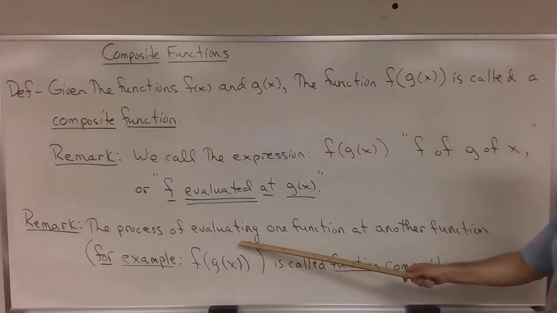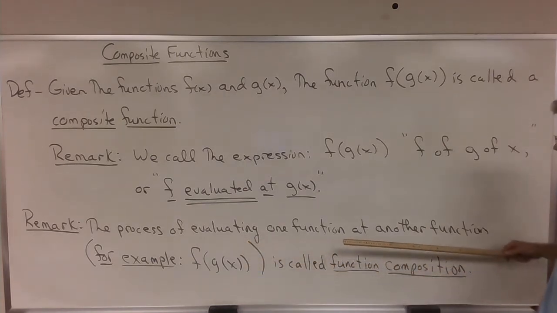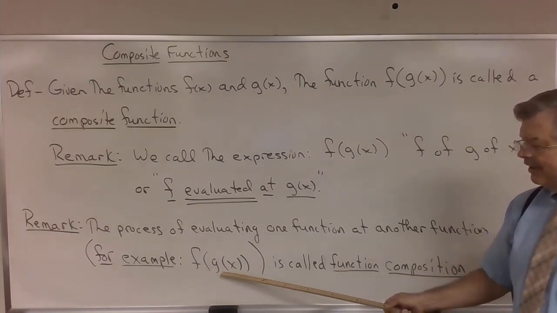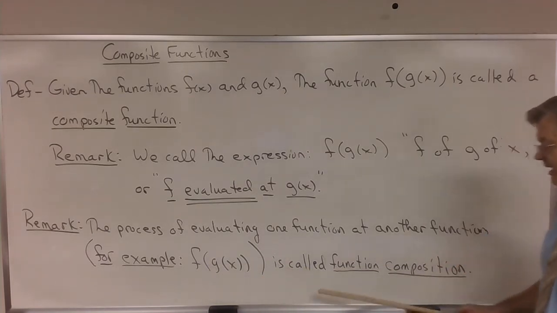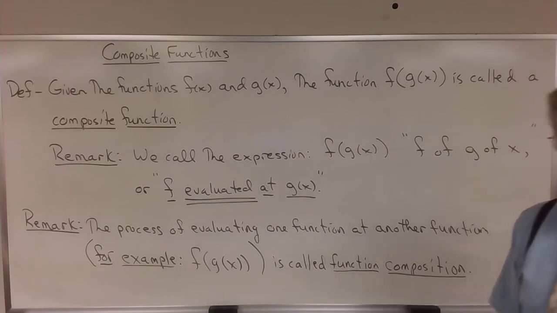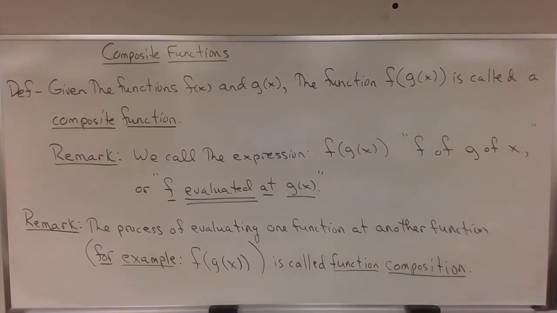The process of evaluating one function at another function, for example, f evaluated at g of x, is called function composition. Now, just look at that for a few seconds and let it sink in. And then I'm going to make some cautionary remarks.